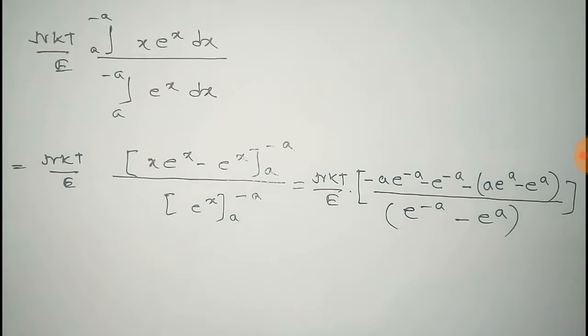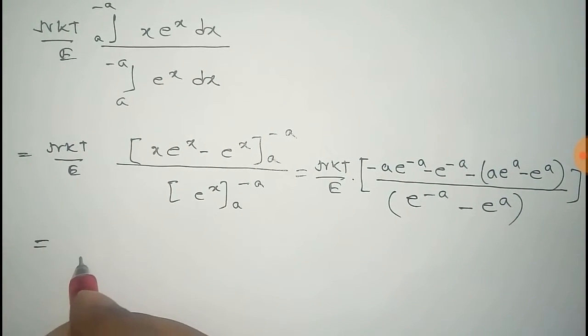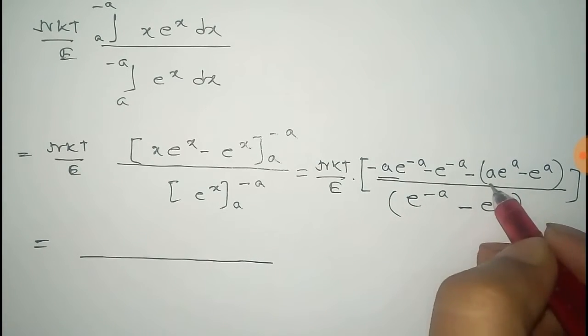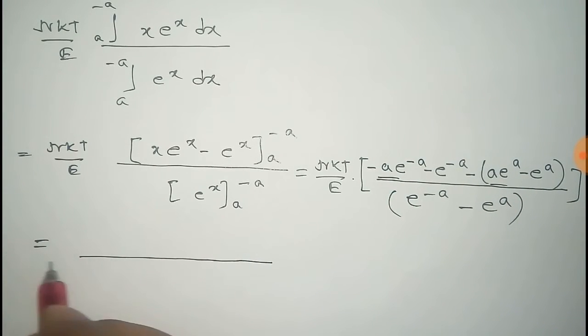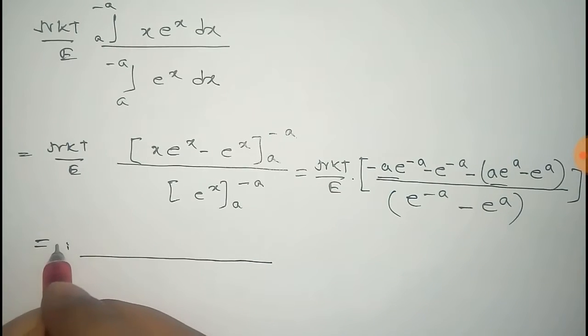Okay, now that's equal to nkT by a, so take the constant nkT by a common.